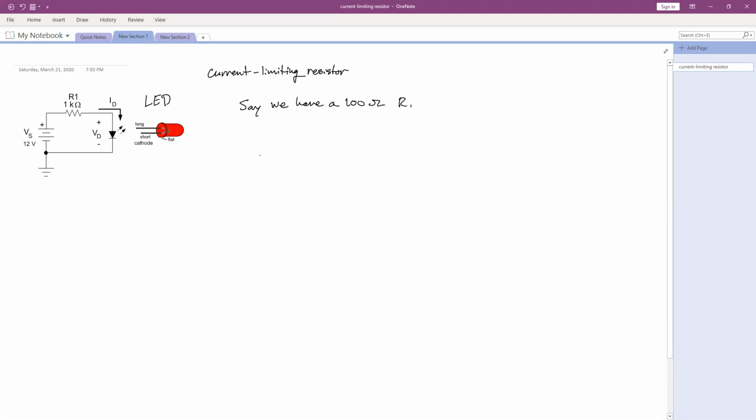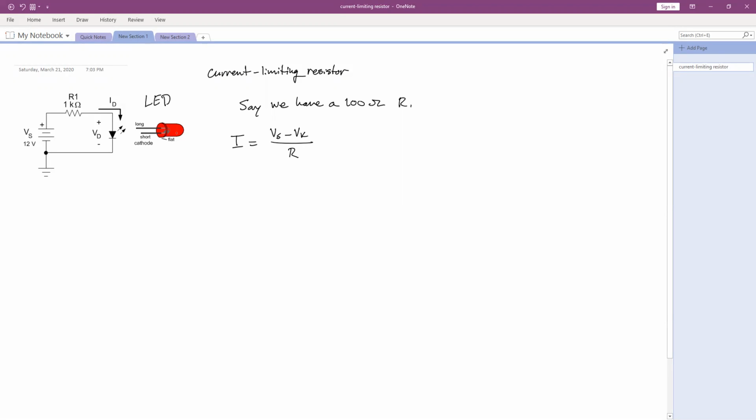We'll say that I equals Vs minus Vd over R. That's our general formula.